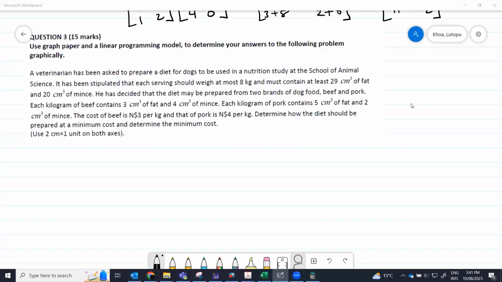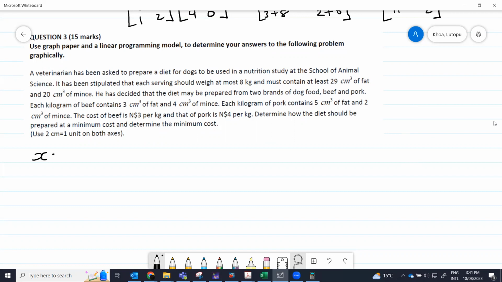Okay, for the last question, you need to make sure that you read it correctly, you understand what it is asking you for, and you label your variables correctly. So here, what we're trying to find out is how much of the pork and beef we are supposed to use.